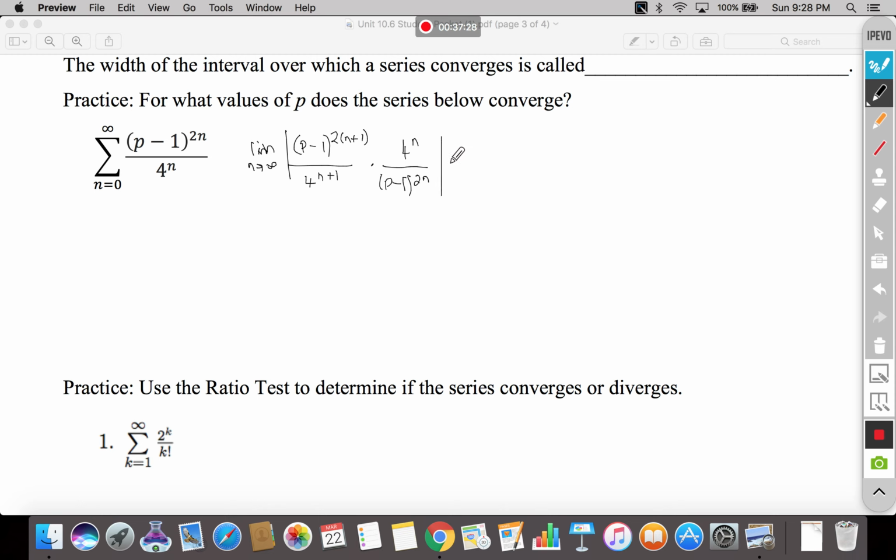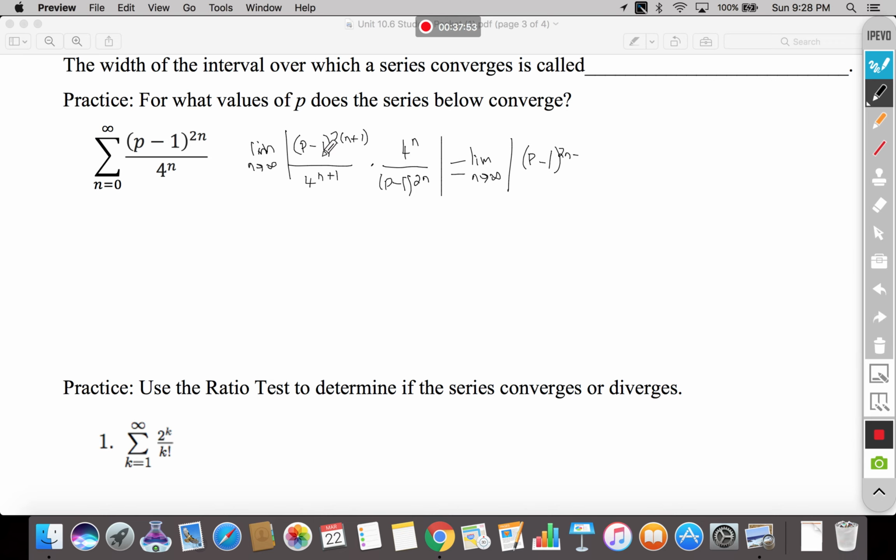All right, so we can clean up some things here. 4 to the n will cancel out, and we'll see what else is left over. So I'm going to do some simplifying of kind of everything here. The limit as n approaches infinity of the absolute value of p minus 1 to the 2n plus 2.